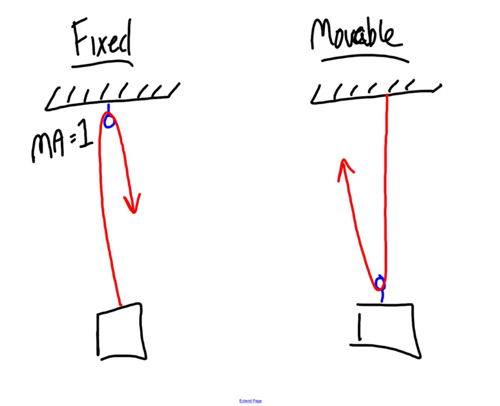The load and the pulley, right? That's why we call it a movable pulley. And what this does is it gives us an actual mechanical advantage of 2. So it makes things twice as easy. Twice as easy, but we have to pull twice as far. Okay?